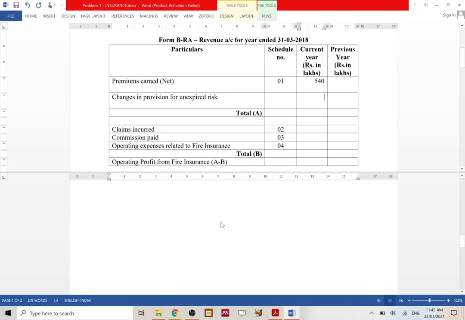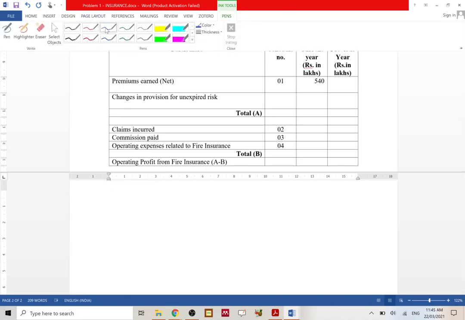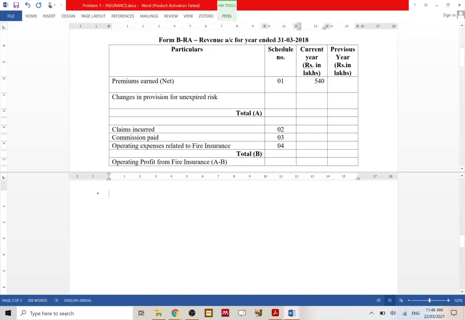So let's see. For this, we will do a working note. Besides the schedules that we have prepared, we have one working note related to unexpired risk.